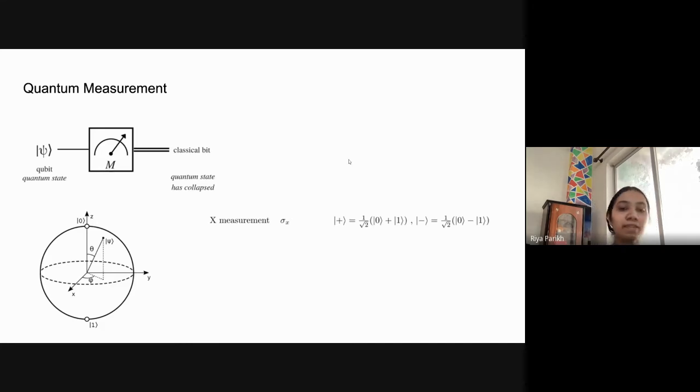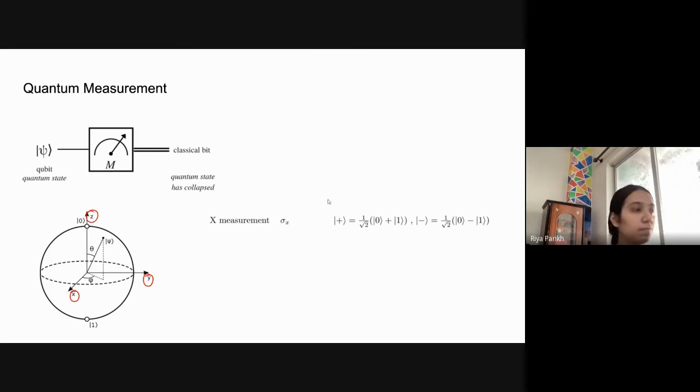So there are mainly three types of measurement that are predominantly used in quantum computing. They are X, Y, and Z measurement. Just like the axes of the Bloch sphere, X, Y, and Z, based on those vectors of the Bloch sphere, we perform measurements.